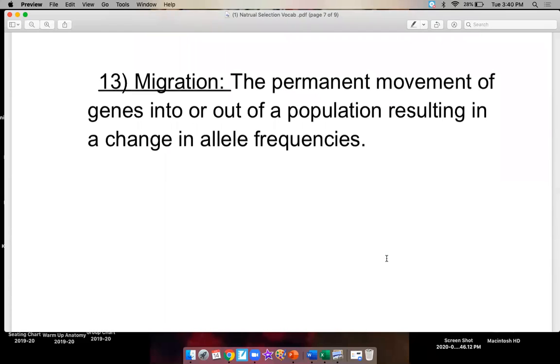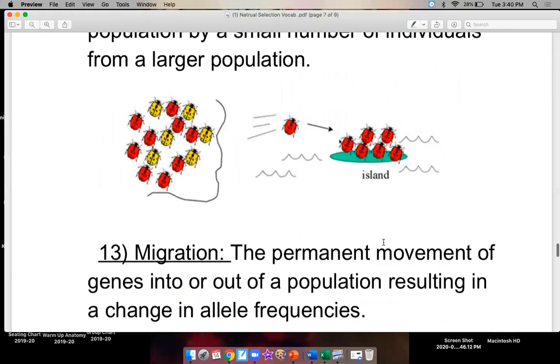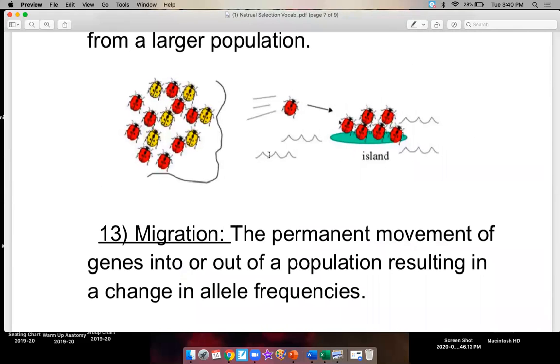And migration is kind of the opposite of that. The permanent movement of genes into or out of a population resulting in a change in allele frequency, meaning deciding to move. This guy migrated over here, spread his genes, and now this group has those genes. Maybe this guy moves over here, migrates this way, and spreads his genes, and now they have more red in this group. Birds do that all the time.